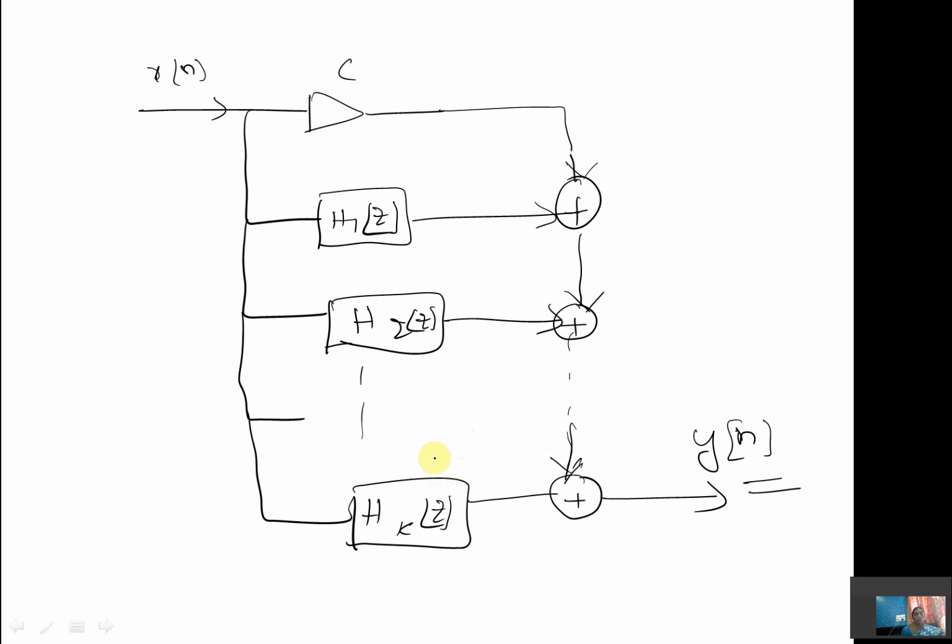Here we may get single order systems or second order systems, and either with direct form 1 or direct form 2, realize these individual structures. Okay, and then finally in this way connect them to get the y of n. Okay, thank you.